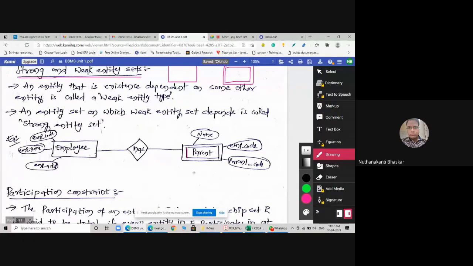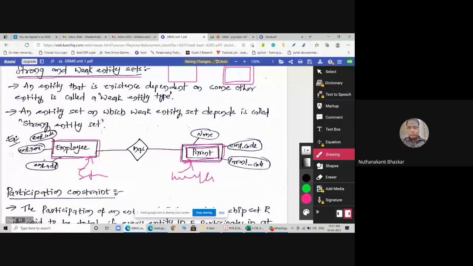In this association, the parent is a weak entity because the parent always depends on the employee. This is a weak entity, and the weak entity representation is a double rectangle. This is a strong entity.